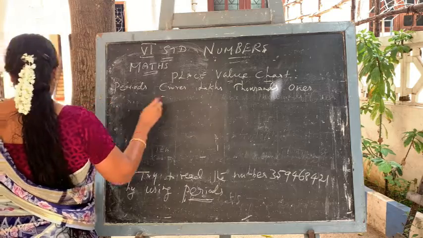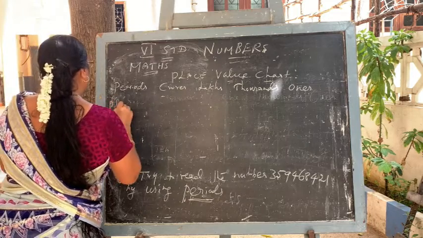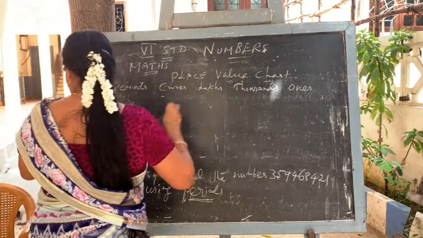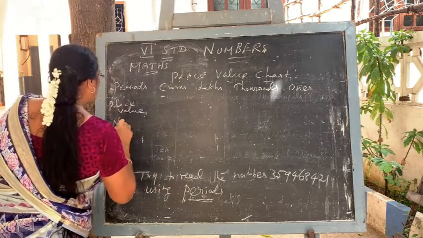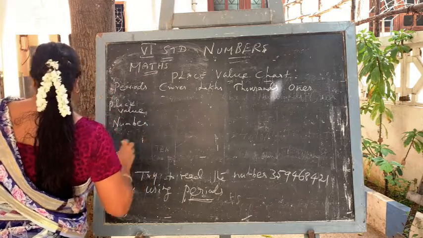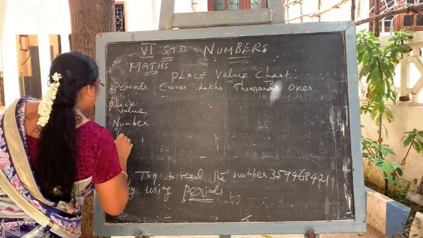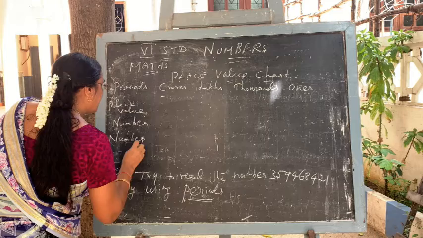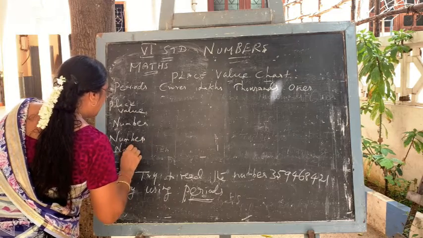Then the place value. What is the place value? Here. Then you have to write the number. Then you have to write that number name. How to write the number in words? That is the number name.